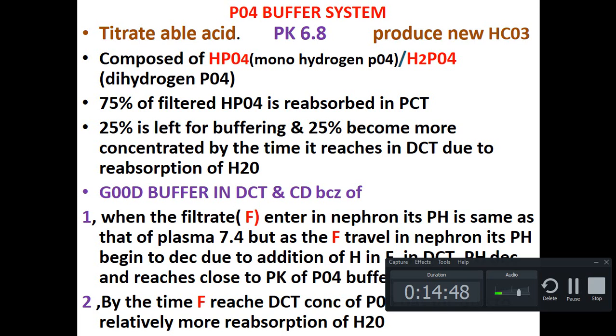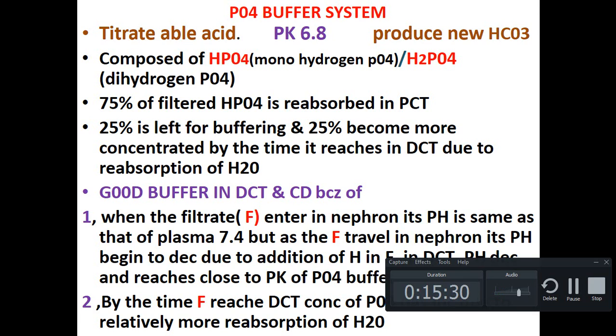But as the filtrate travels down the nephron, its pH is going to be reduced due to the addition of the hydrogen ion, and by the time it reaches the distal convoluted tubule, the pH of the filtrate becomes very near to the pK of the buffer, which is 6.8. And I have told you in my previous lectures, whenever the pH and the pK become close to each other, the buffering power will show its best performance.